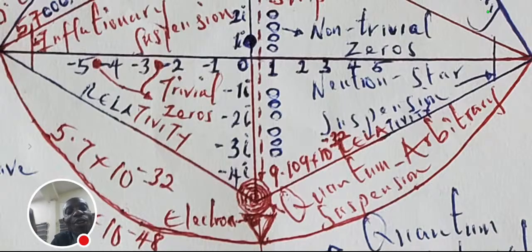So the prime encoded convergence in the form of these vertically lined up non-trivial zeros will serve as arbitrary pointers, which is the half. They will serve as half pointers to the real electron.